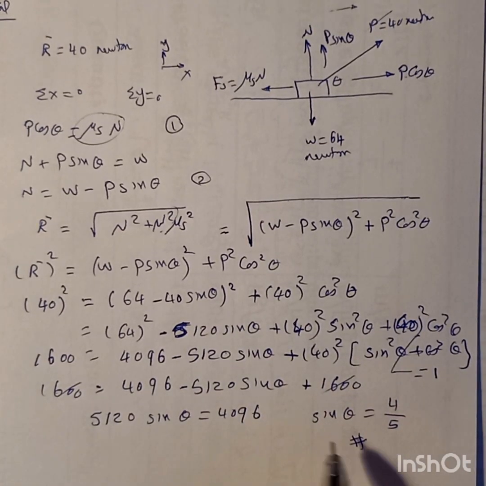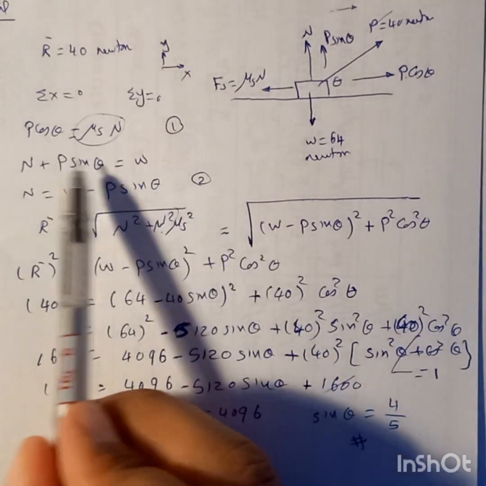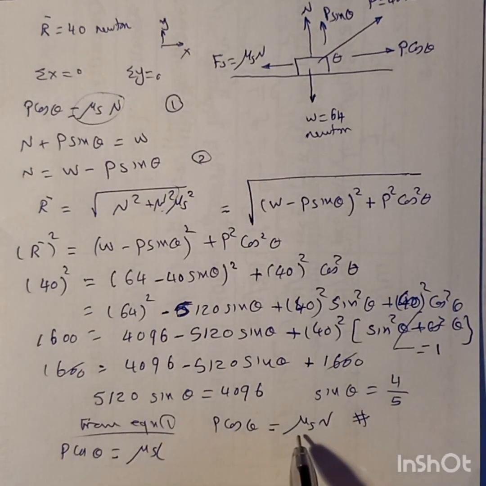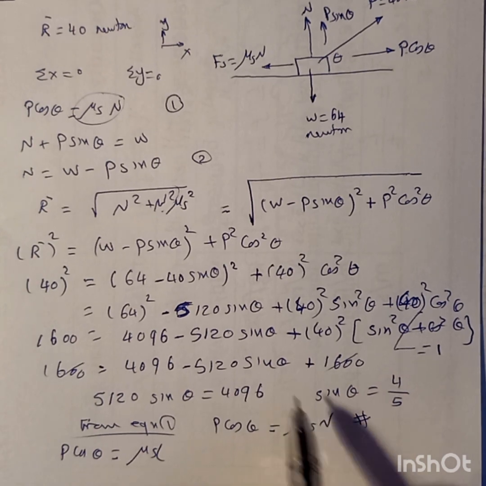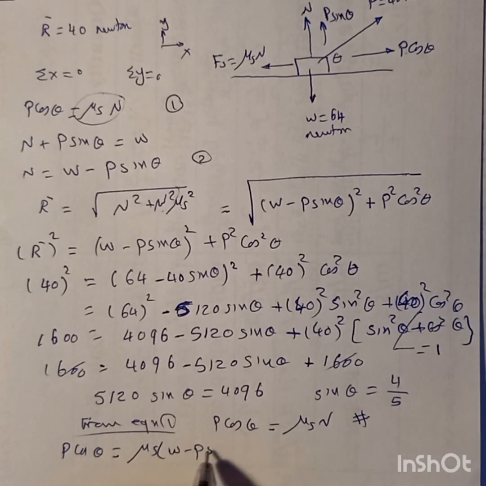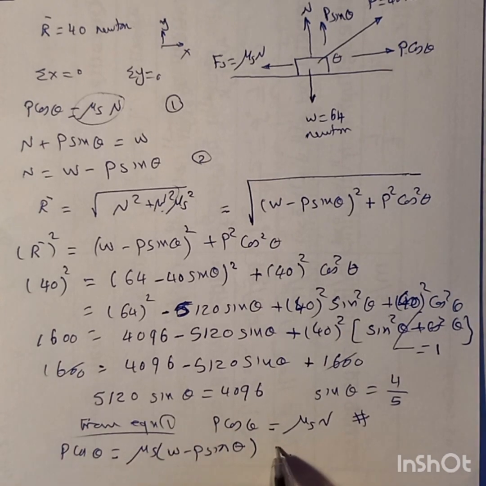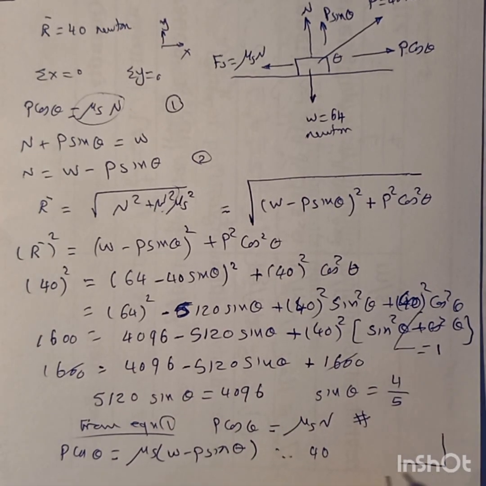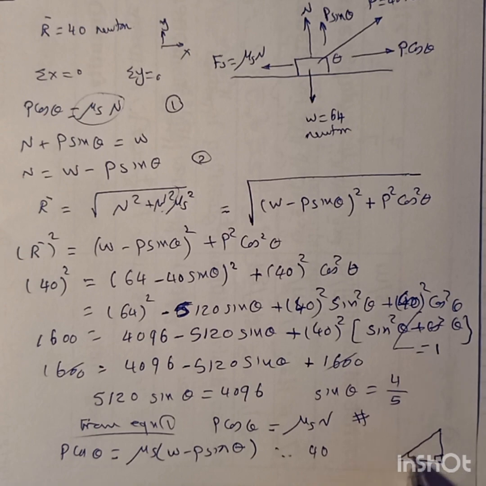To find mu s we can substitute in this equation. We have from equation number 1 B cosine theta equals mu s times N, and we have N equals W minus B sine theta. Now we can substitute. We have B equals 40 cosine theta. We can find cosine theta as we have sine theta. If we sketch this right angle triangle, this is theta, and we have sine theta equals 4 over 5.